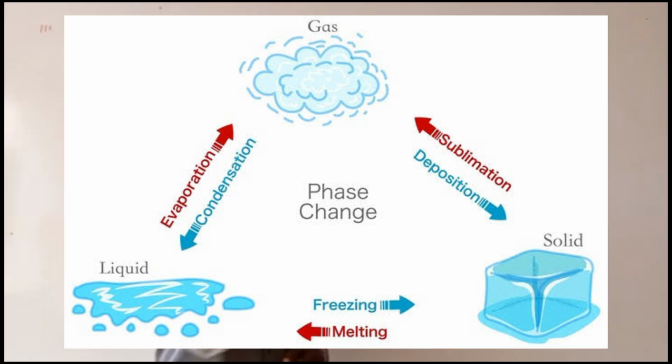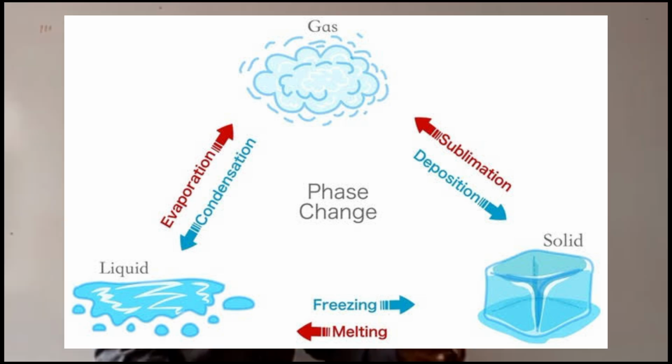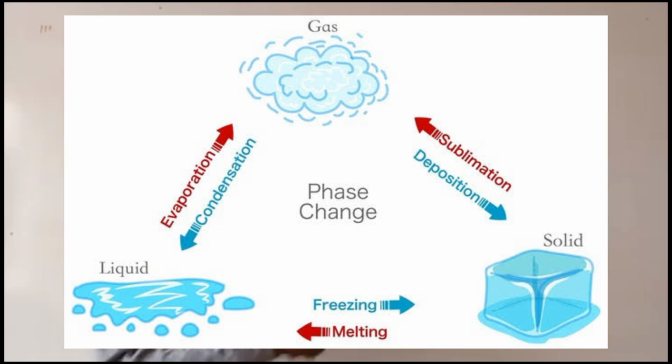That is when you are supplying heat. Check the diagram very well. Then when you remove heat from liquid, the liquid will change back to solid, and that is freezing.